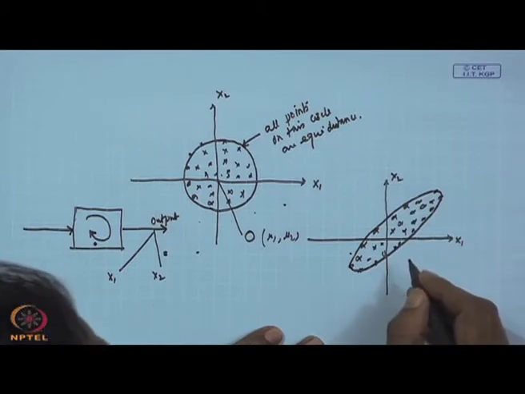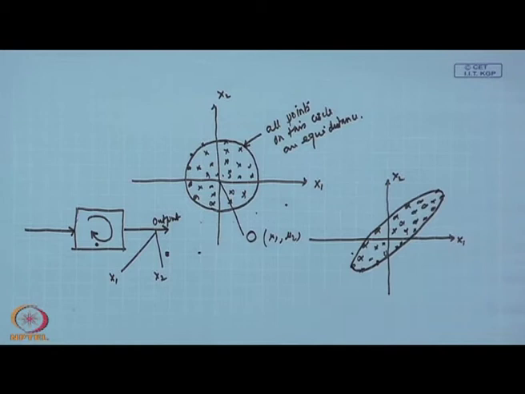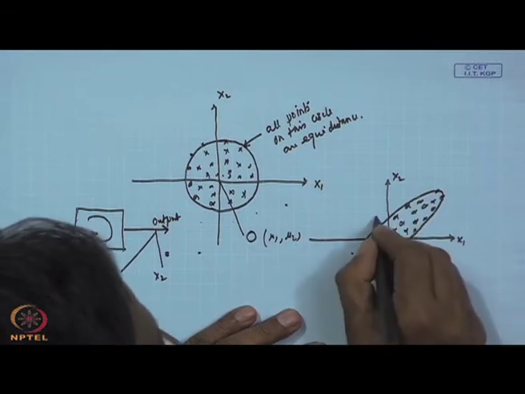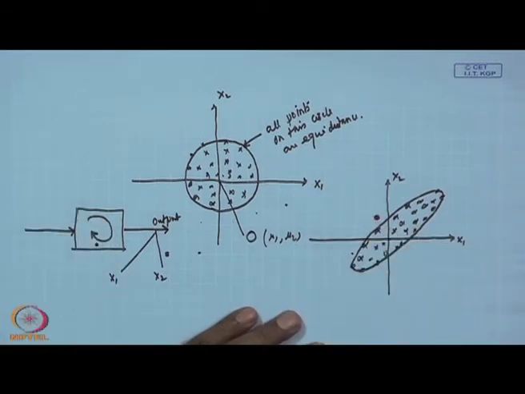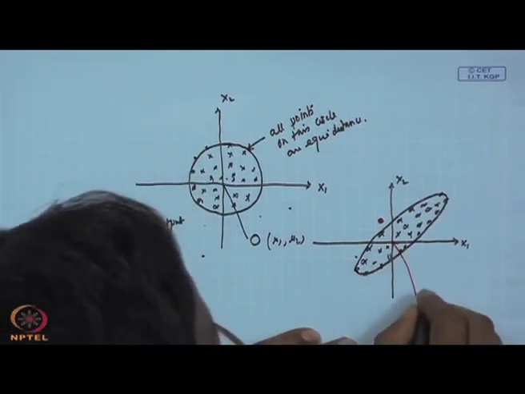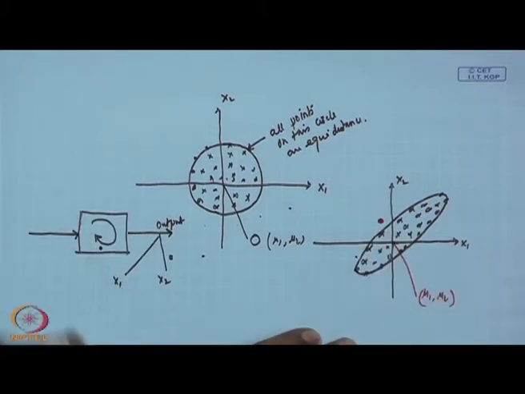Then I am keeping another observation on x1 and x2, closer to this mean point. As we have assumed earlier, this is our mu1 and mu2.